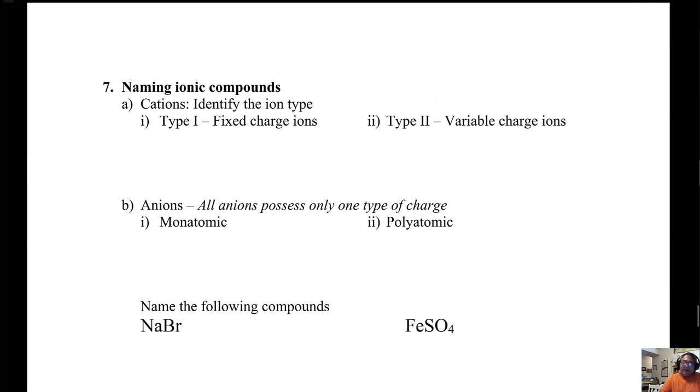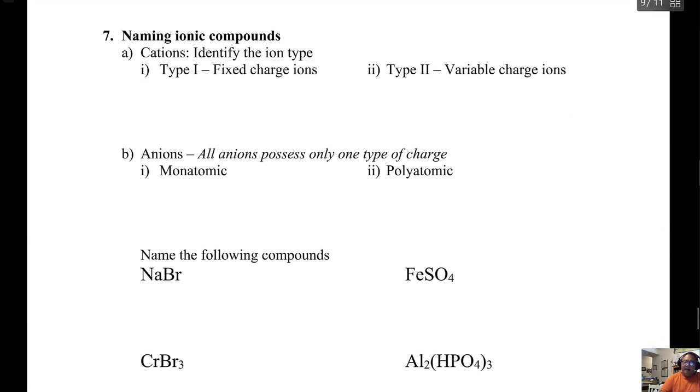Now, let's go about naming ionic compounds. Remember I said there's type 1 and there's type 2. Here's the difference between type 1 and type 2 metal ions. Type 1, you don't write charge in the name. For type 2, we write the charge in the name.